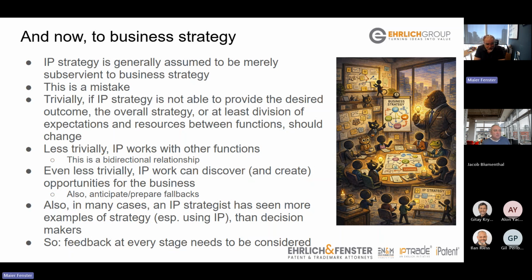And more interesting is that when you do IP work, you can discover and create opportunities for the business and or prepare fallbacks. And that's another reason why feedback at every stage needs to be considered, but all the way back to the business strategy.